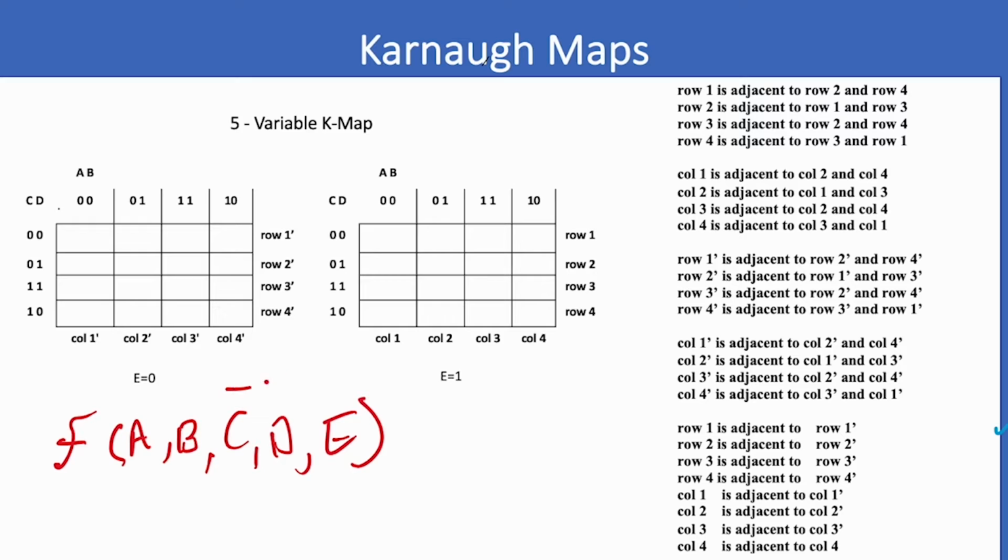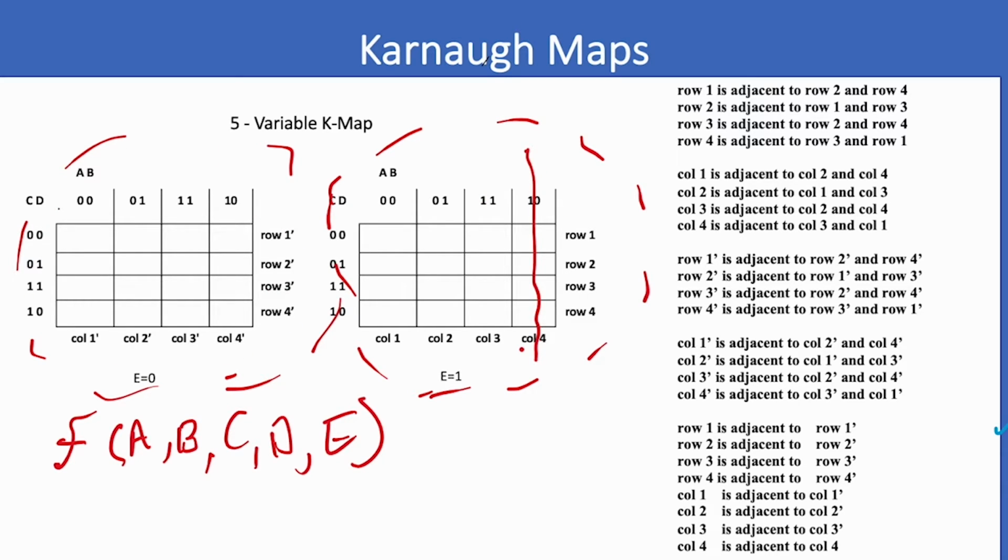This whole map on this side, the variable E is a 0. This whole map over here on this side, the variable E is a 1. And if you start looking at all the adjacencies, this whole map is adjacent to this whole map. This row is adjacent to this row.